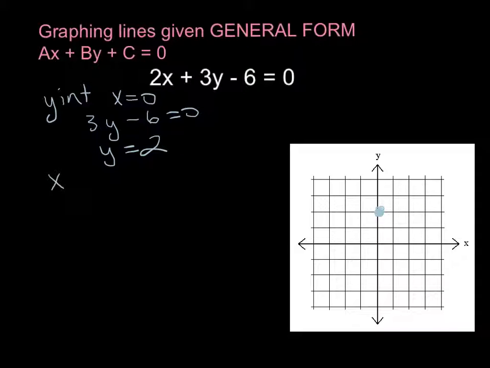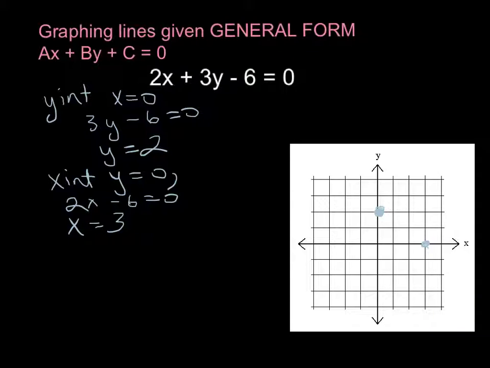And let's find our x-intercept. Our x-intercept is when y equals 0. And that is 2x minus 6 equals 0, and then we get x equals 3. So we plot our point at x equals 3 right there.